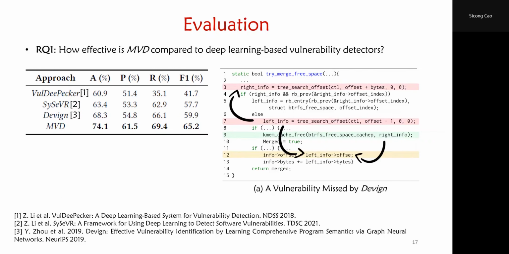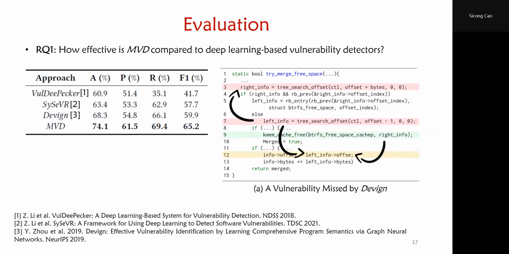There are two main reasons why this vulnerability cannot be detected by the baseline. On the one hand, due to the lack of interprocedural analysis, precise program semantics like memory free are hard to be captured, causing imprecise semantic modeling.